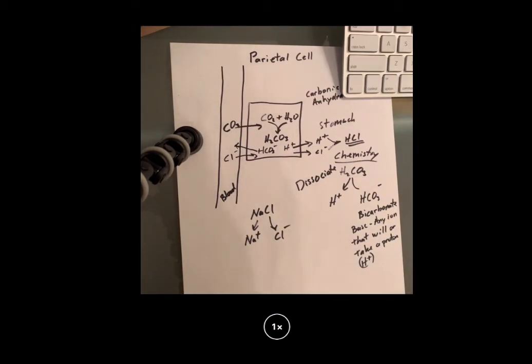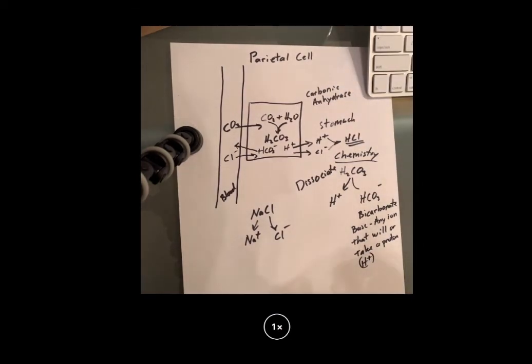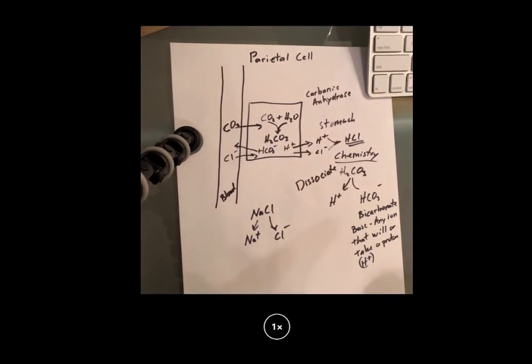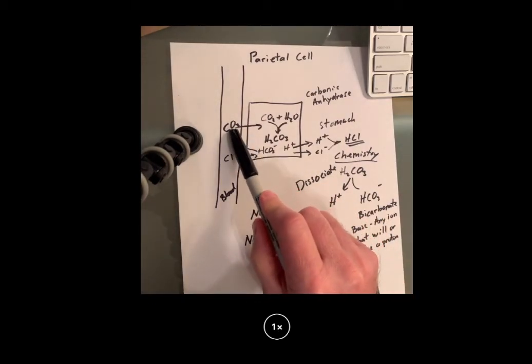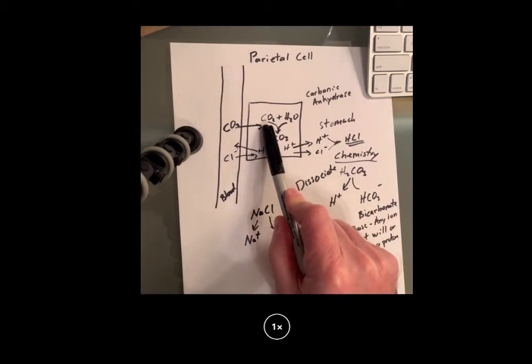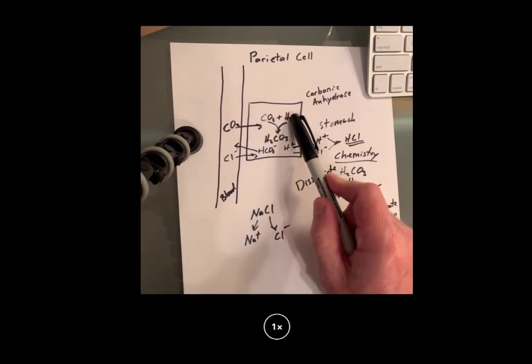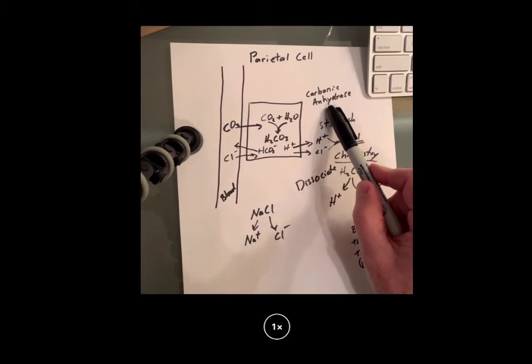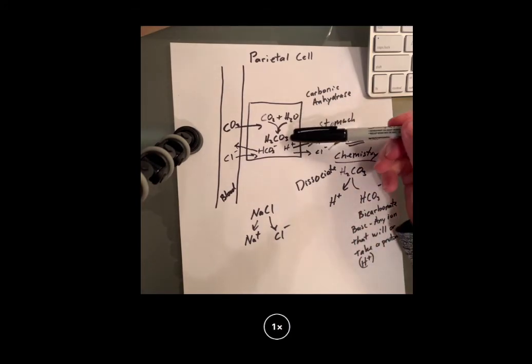So in review, you have CO2 in your bloodstream. And the reason you have CO2 in your bloodstream is because of cellular respiration. So we have CO2 and it gets put into the parietal cell from the bloodstream. It combines with water in the presence of carbonic anhydrase. It produces H2CO3, carbonic acid.